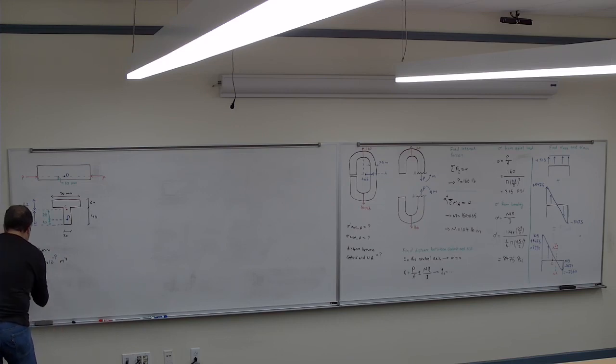And then the cross section area would be 3 times 10 to negative 3 meter squared. What else do we also have? So these are what we know about that cross section.